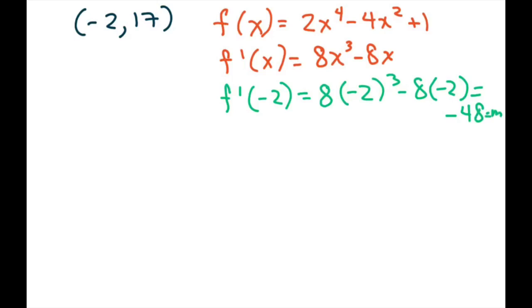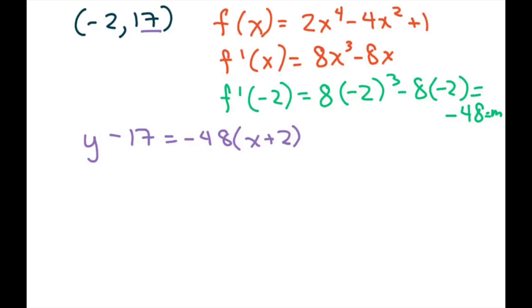Now we're going to use the point slope form to get the equation of the line, and then put it in slope intercept form. So basically our point slope form is going to be y minus your y here, and then your slope is -48 times x minus the -2, which is x plus 2.